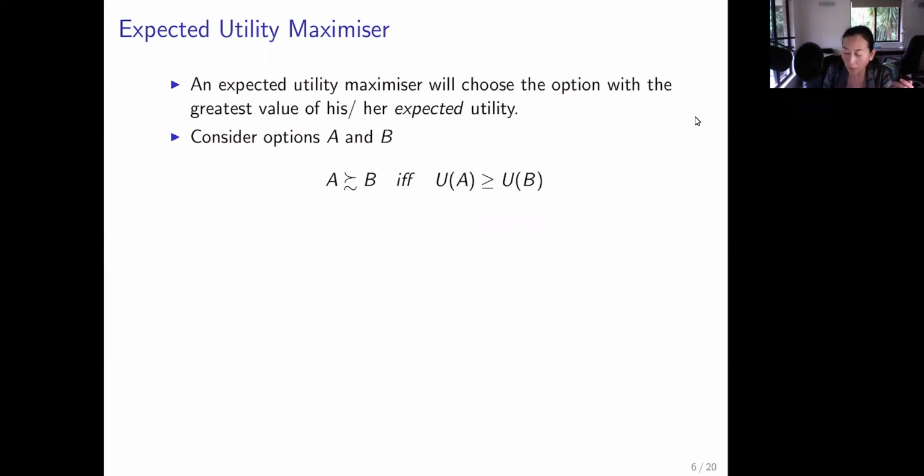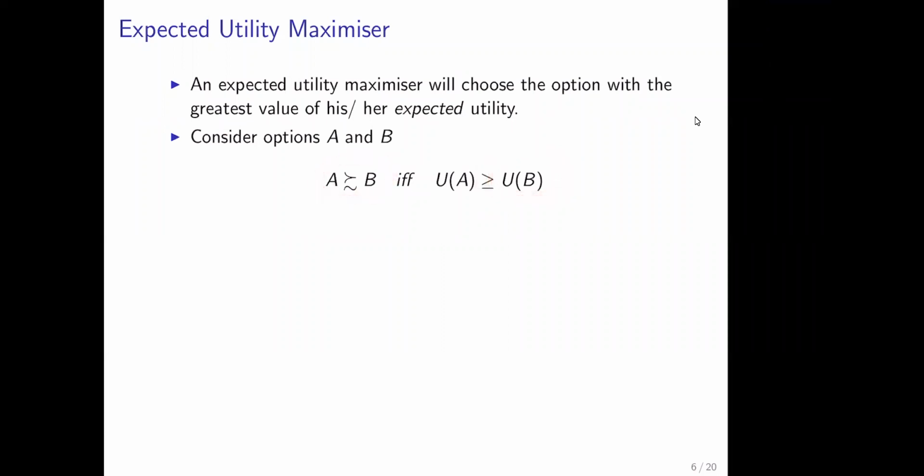So option A is weakly preferred to option B if and only if the expected utility value for option A is at least as much as the expected utility value of option B. That means you weakly prefer A to B. That's it, very simple.